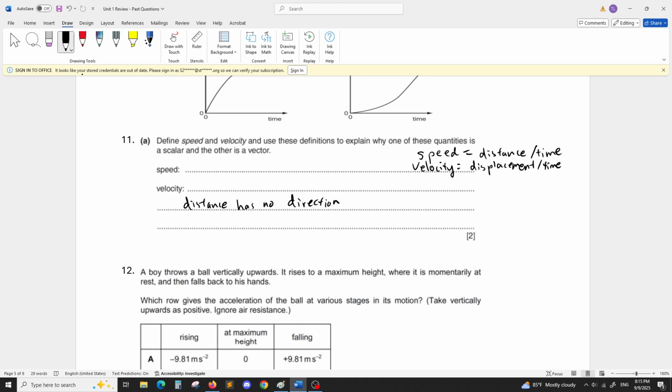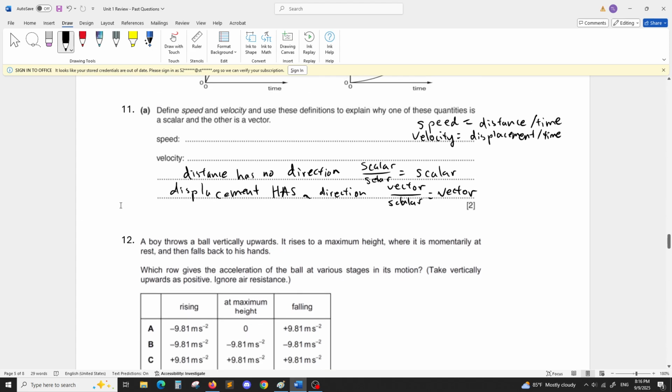So if we divide a scalar by a scalar, in this case time, this will also be a scalar. On the other hand, displacement does have a direction, so it has a positive and a negative. So then we have a vector divided by a scalar, which is equal to another vector.